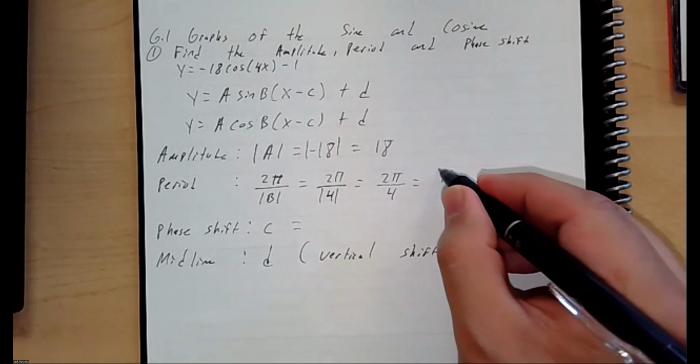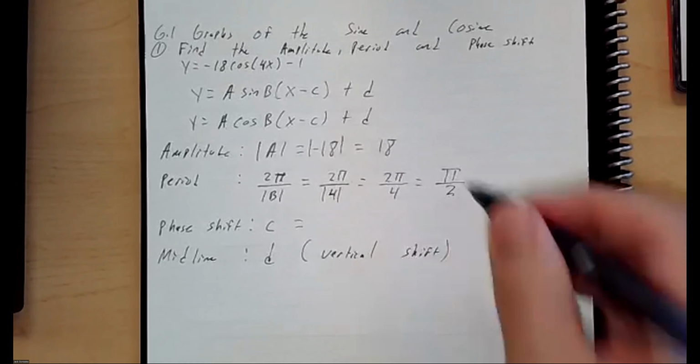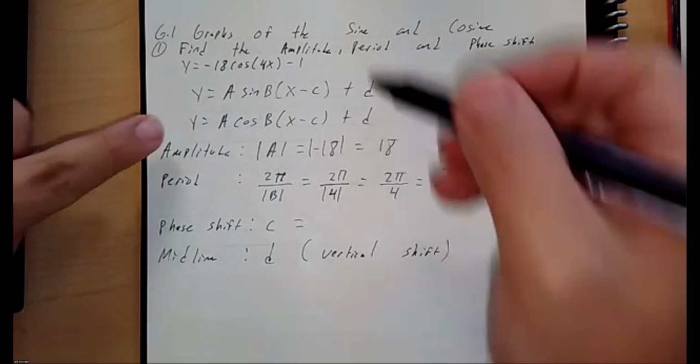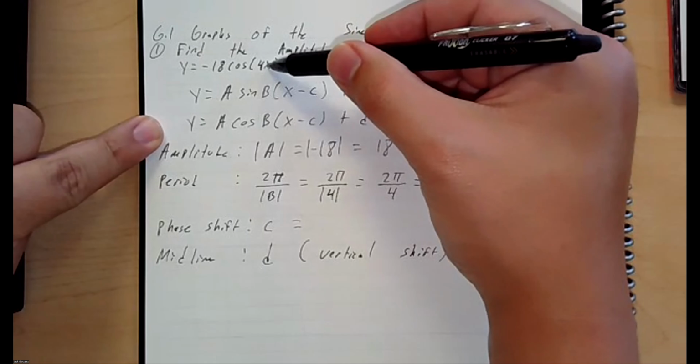Which makes sense. The way you can think about this, the original sine and cosine repeat every 2 pi, right? They go around the circle once and it starts repeating itself. Hence the unit circle. But if you have a 4 right here, it's 4 times faster.